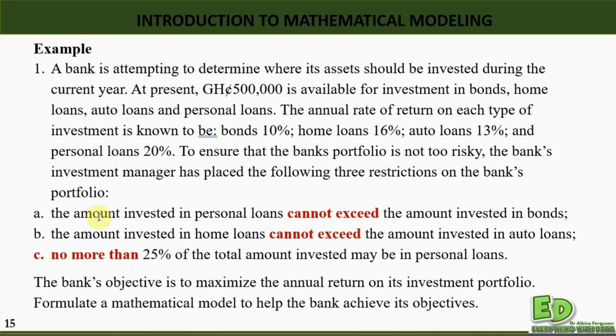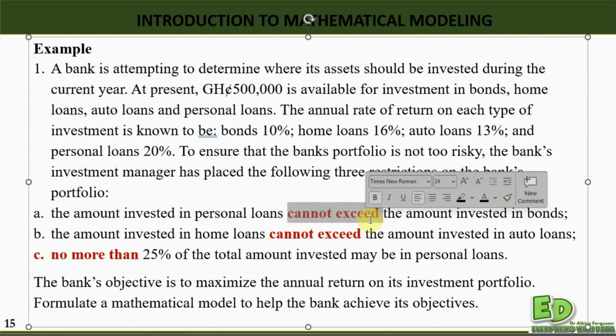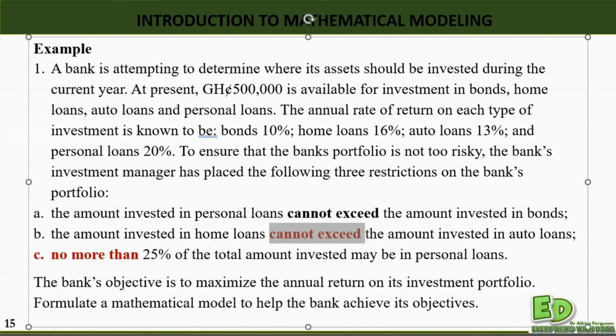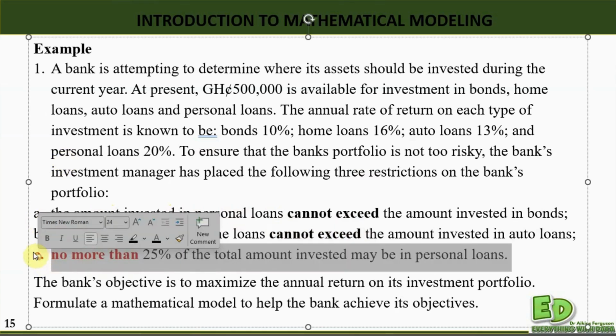The next one is saying that the amount invested in personal loans cannot exceed the amount invested in bonds. So here you should know the decision variables being represented with personal loans and the bonds, right? Then you can go ahead to do this.